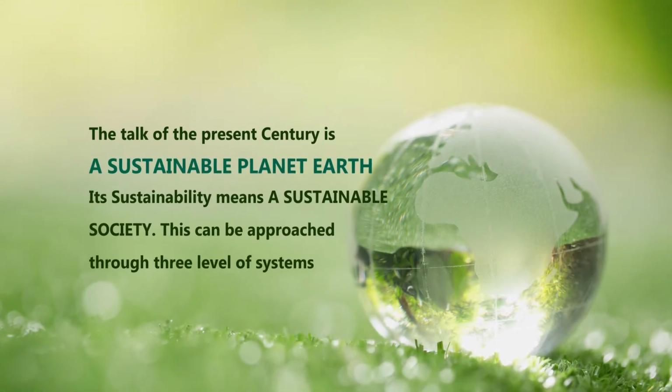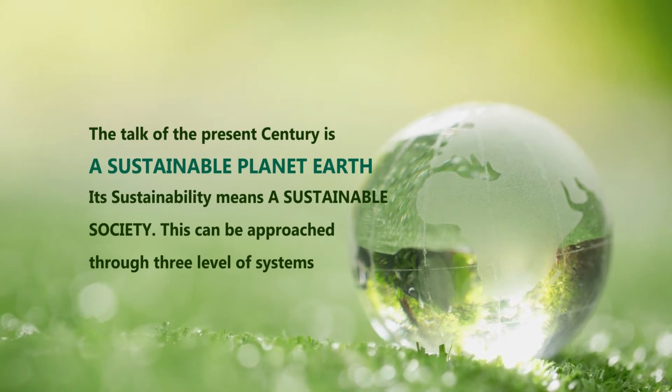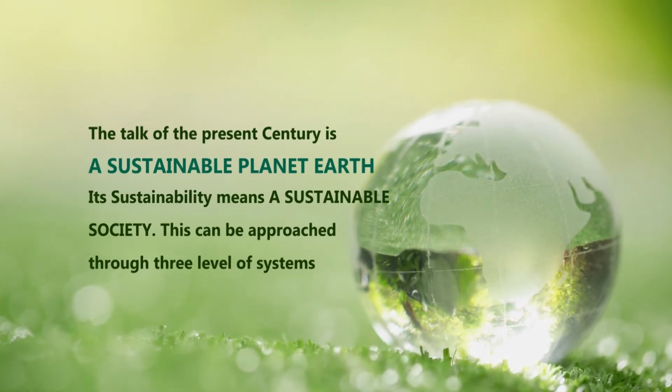As you know, today, if you look at what is happening around, as an ecologist, as a sociologist, as an academic, as a scientist, as policymakers, planners, we have seen that the talk of the century is a sustainable planet Earth.